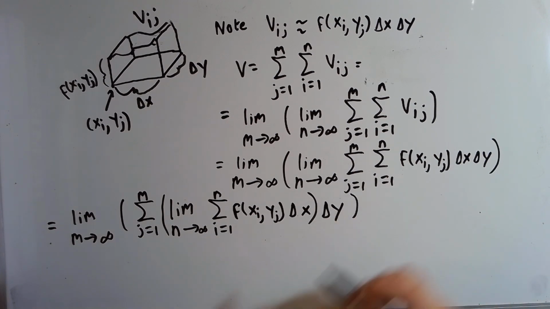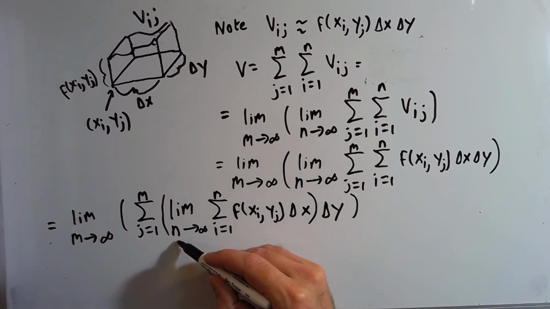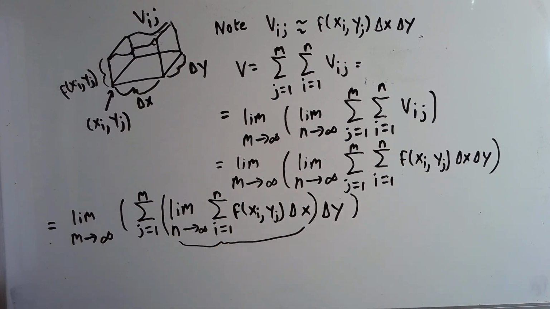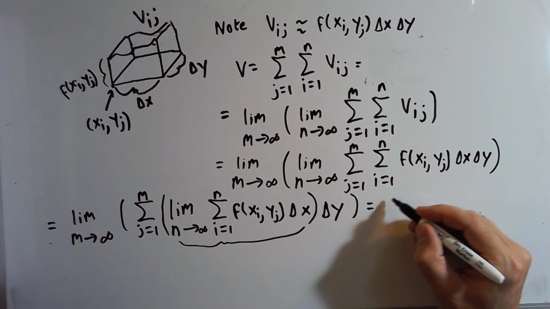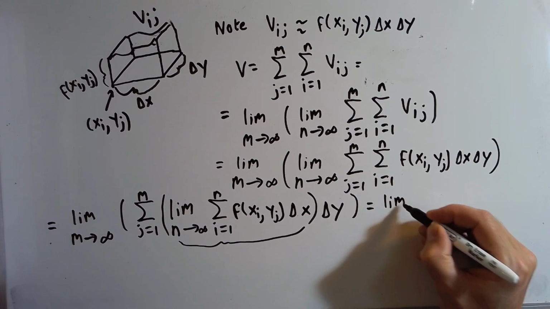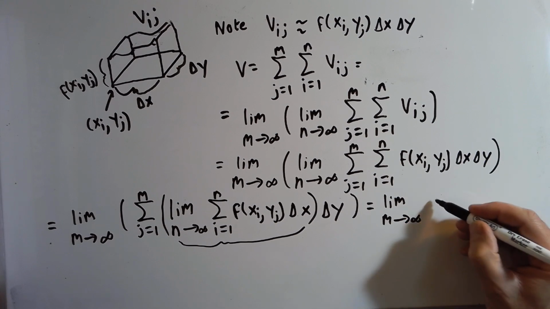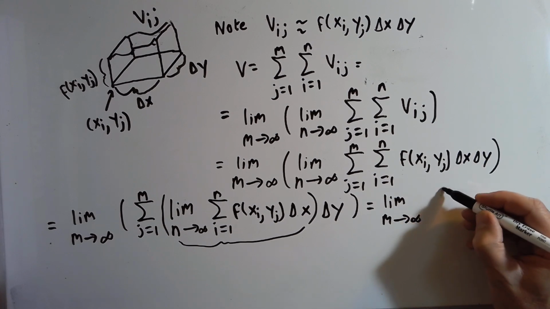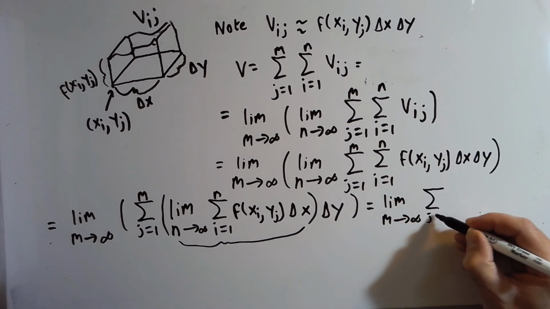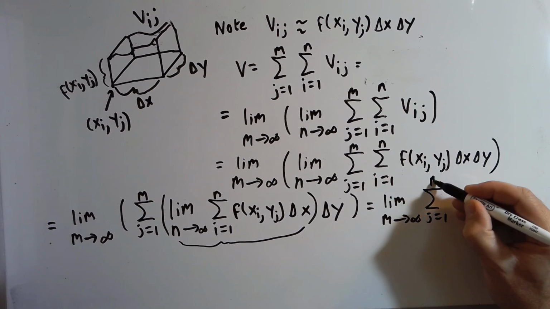Okay, but now this part here is a Riemann sum, the definition of an integral, so we can then write this as the limit as m goes to infinity of the summation j equals 1 to m.